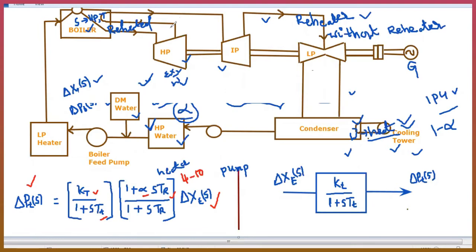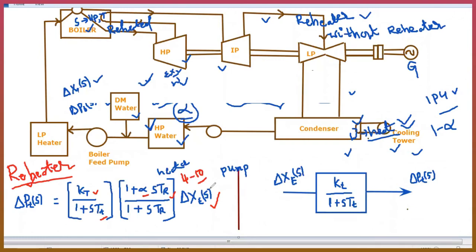That is why it is 4 to 10 seconds, the time constant of the reheater. This is how the input and output of the turbine model are related, with the reheating facility. This is the transfer function model.